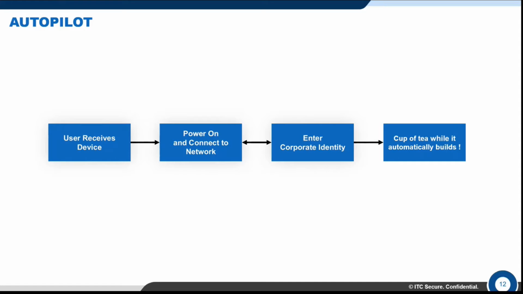We just literally ship it to them, and then what Tom will go through is what that experience is. When we unbox it, how do we actually morph that device into a corporate machine? So just for time saving, we've actually screenshotted a lot of this piece so we can actually show you the experience. So over to you, Tom.